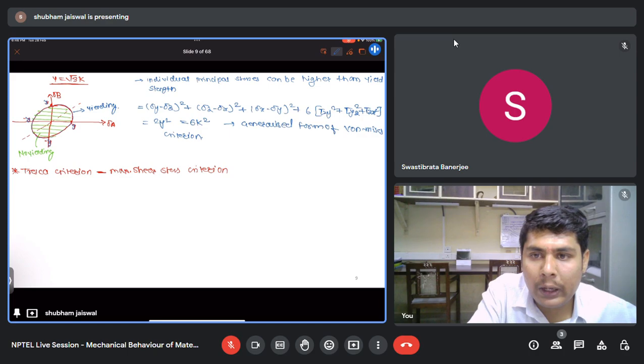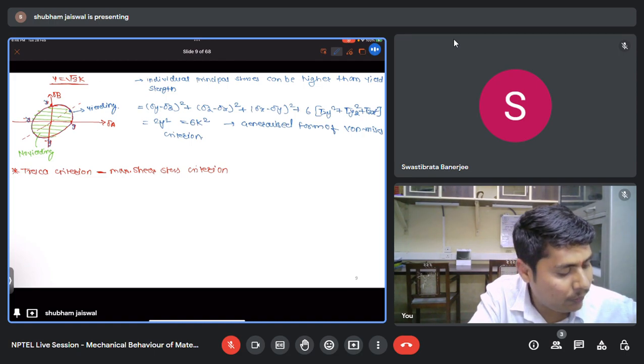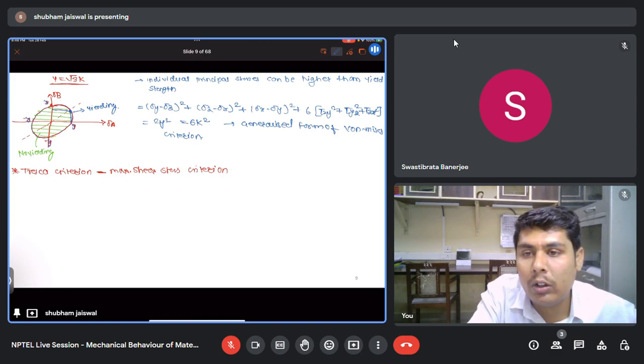So if I apply sigma A here, greater than some value of yield strength, let's say this point, and sigma B is less than the yield strength, overall our effective stress is coming under the curve.